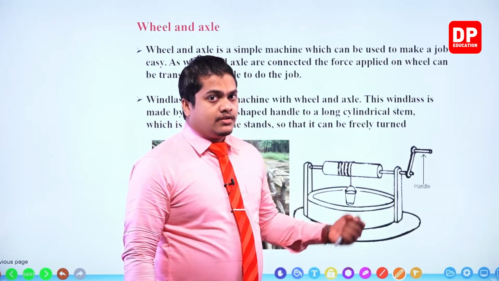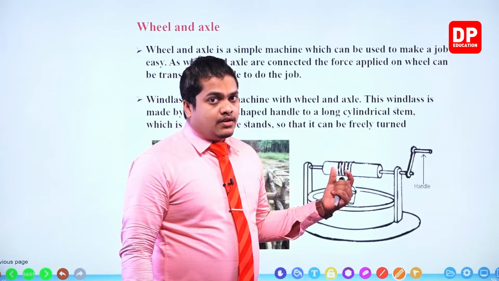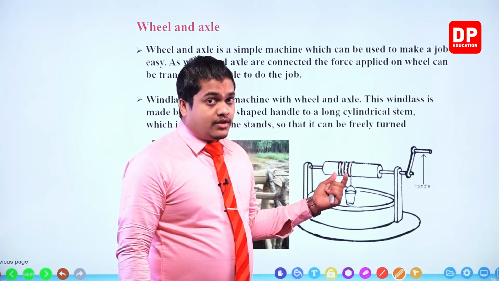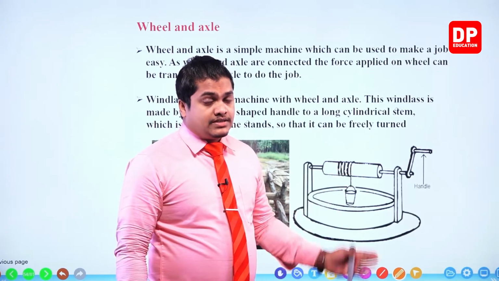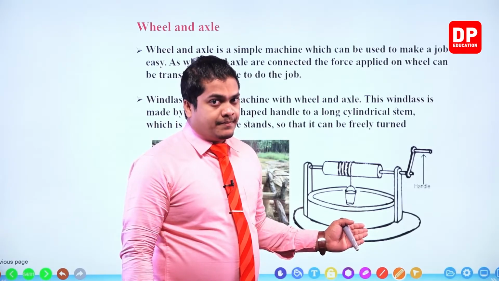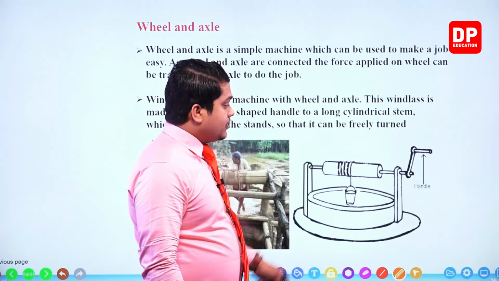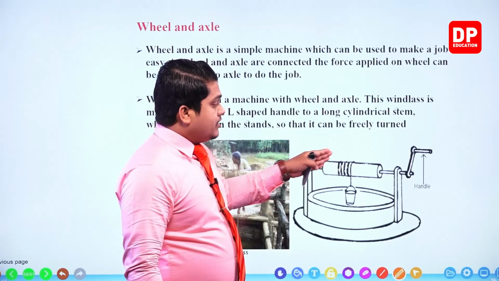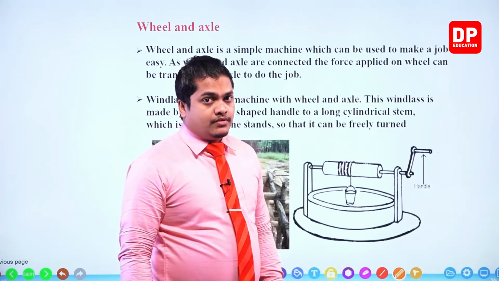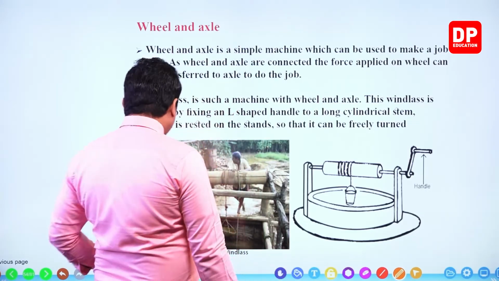The rope will gradually wind around the stem of the cylindrical object. By that way, the load is coming up. When I turn it the other way around, the winds get loosened one by one, and then the load will come down. Not the load, actually, it's the empty bucket.